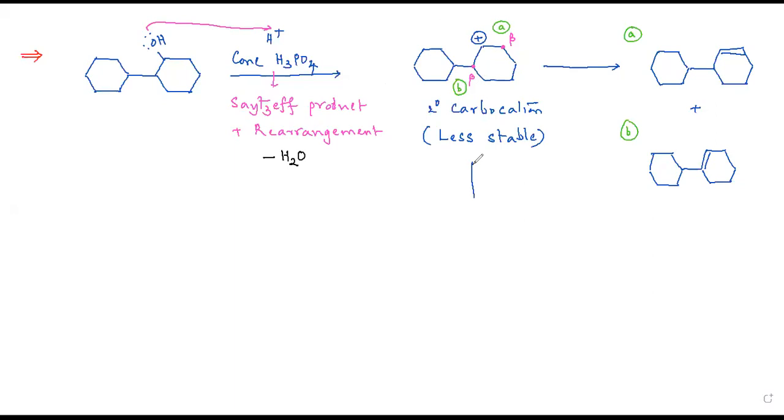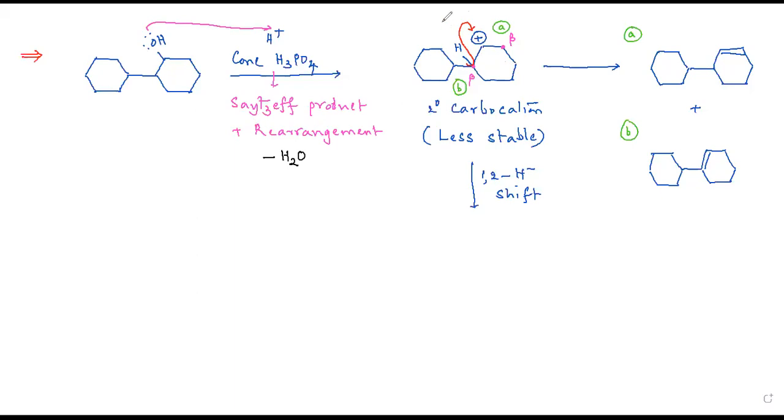Now let us see whether this can be converted into a more stable one. Okay, 1,2-hydride shift. Let's see. Now this hydrogen goes to the rescue of the positive charge.